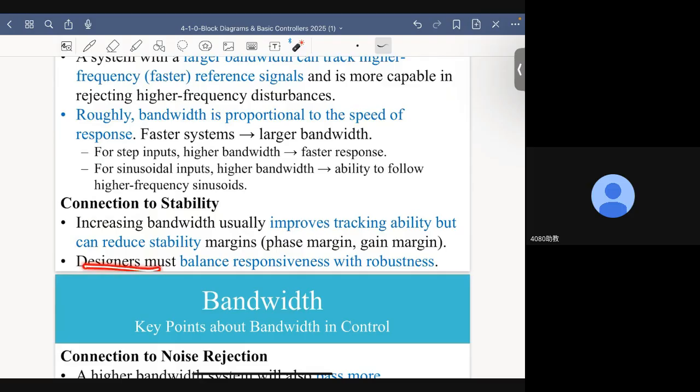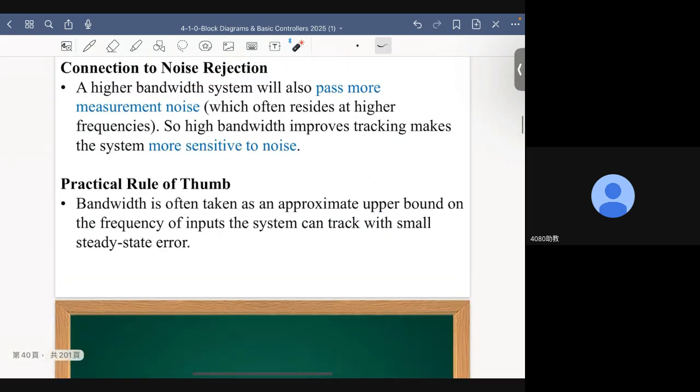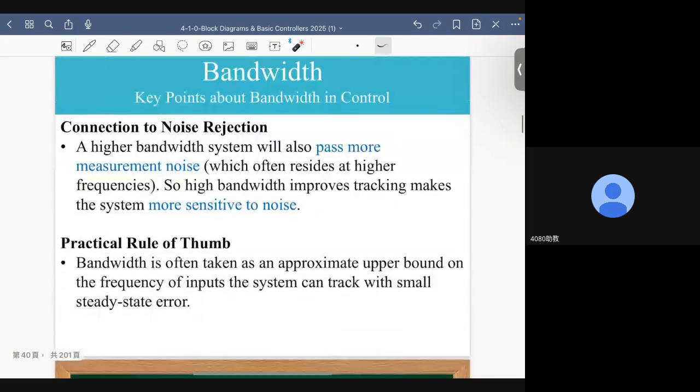Designers must balance responsiveness, which represents speed of response, with robustness. Okay, this means how much room I have before my system will run into instability problems. I need some tolerance.